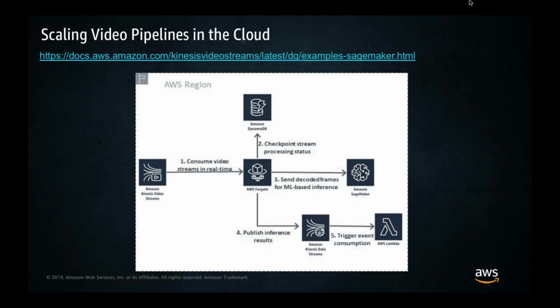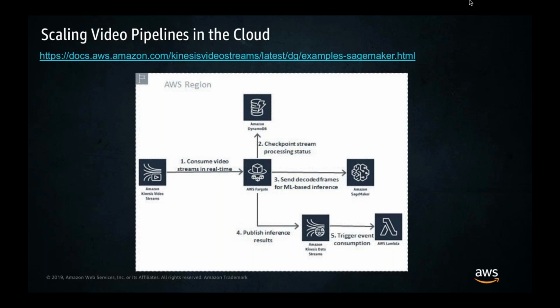This is our clusterless container service, and it's configured to scale and consume the video stream while managing checkpoints in DynamoDB, and it enriches the stream by performing inference against the SageMaker hosted endpoint. So this could be an image classification or an object detection algorithm.